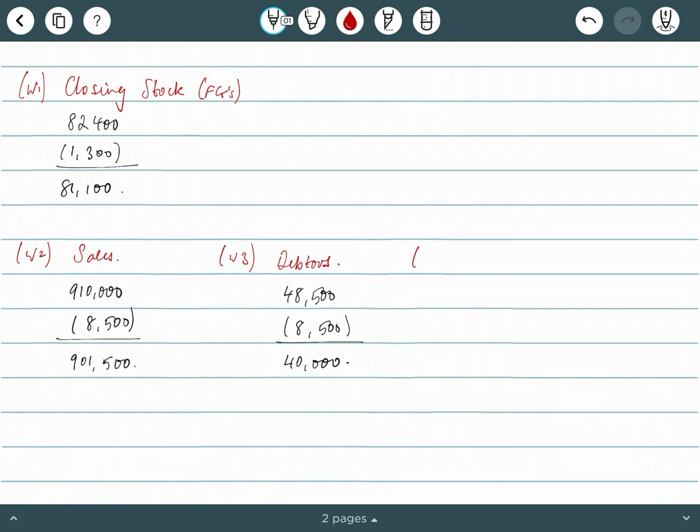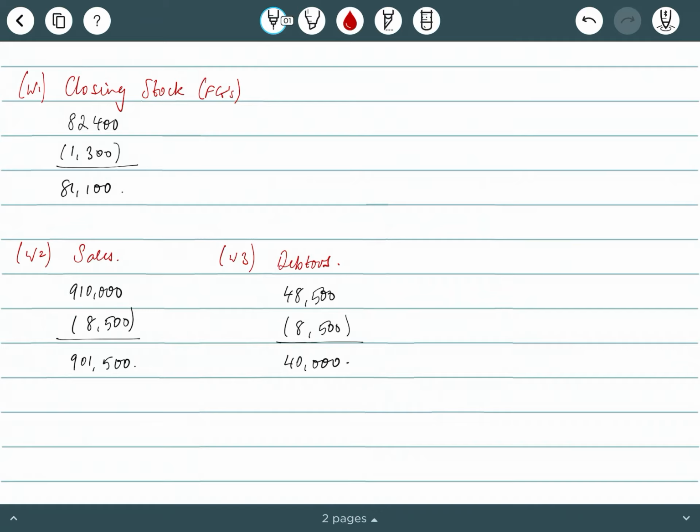Next working is your closing stock of finished goods, which we already have opened up at working 1. So I don't actually need a working 4 there. Now make sure you use the cost of goods, not the recommended retail selling price. If you look at the adjustment there, lads, 8,500 was the selling price.